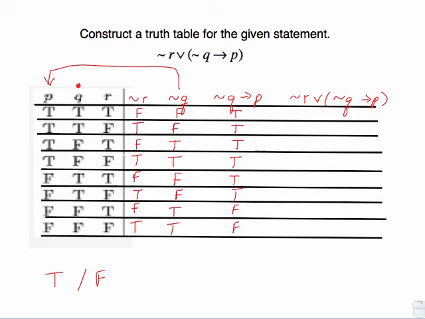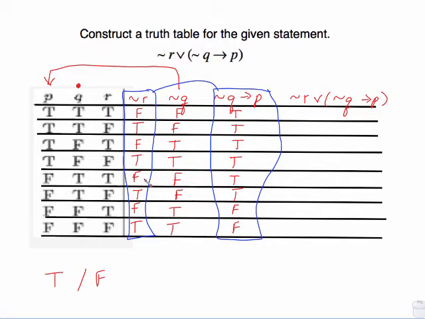Now we want to put together not R, which is this column. That's my not R. We're putting that together with this column using OR. Now, for an OR statement to be false, both statements must be false. An OR statement will be false only if both statements are false.